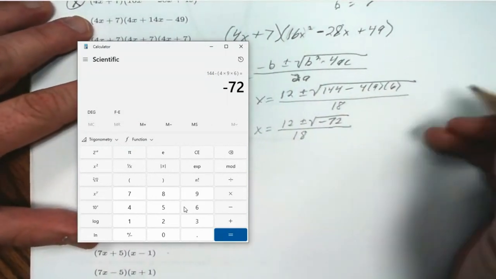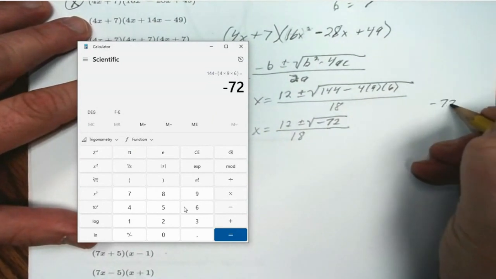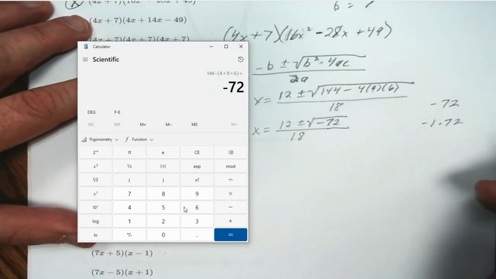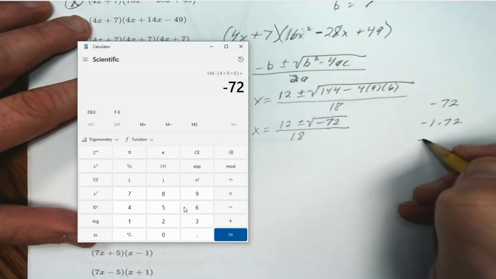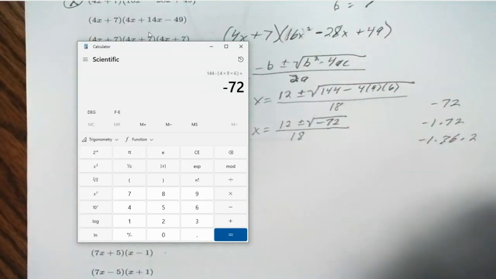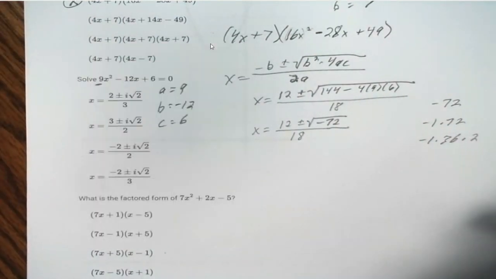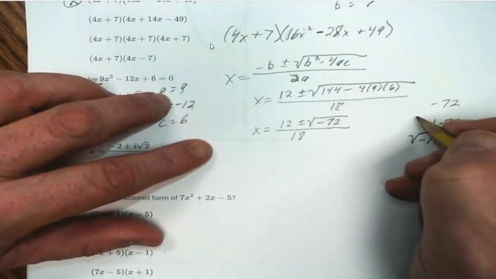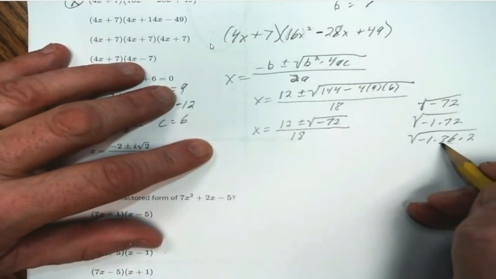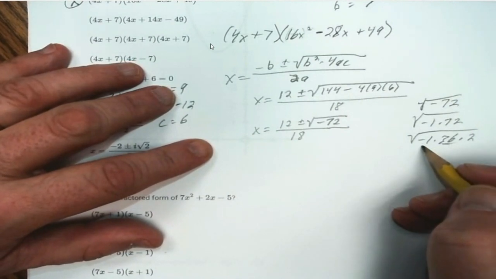So negative 72 is negative 1 times 72, which is negative 1 times 36 times 2. We like those numbers because all of this is under the square root, right? Well, we can take the square root of 36 and we can take the square root of negative 1.